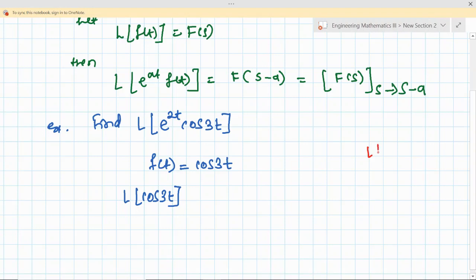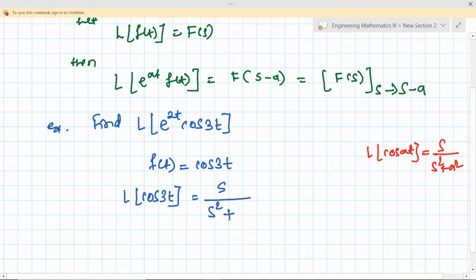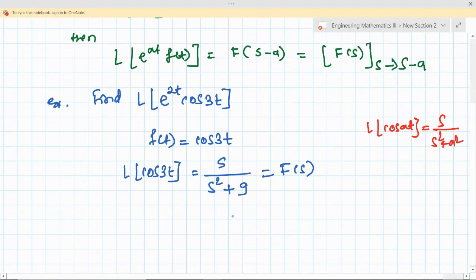Laplace of cos at is s divided by s square plus a square, and therefore this is simply s upon s square plus 9, and this is my F of s.